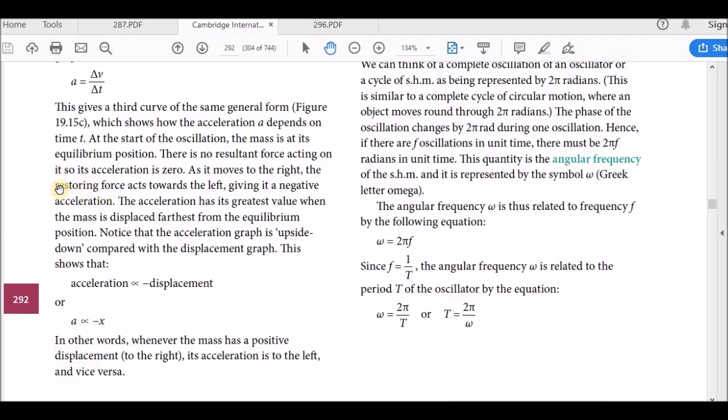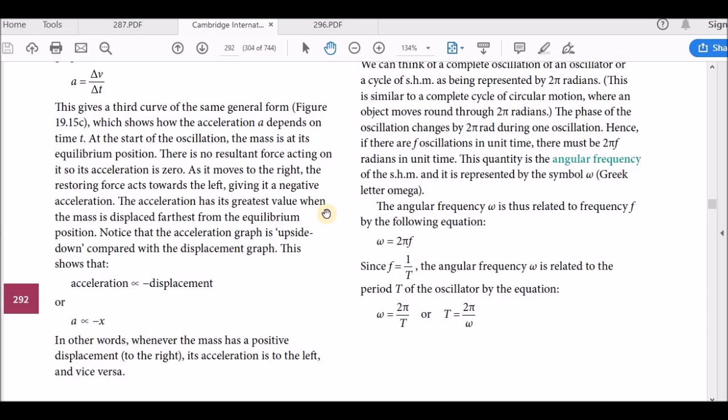So that's why the word restoring is there. So when the trolley is moving to the right, the restoring force acts to the left, giving it a negative acceleration. Okay, so when acceleration is to the left, it's negative, because whatever is to the right we took as positive by conventional way.